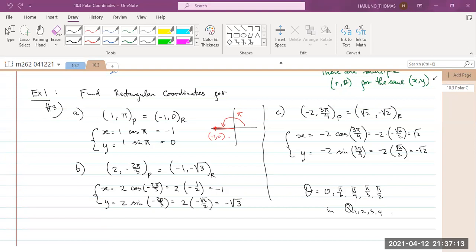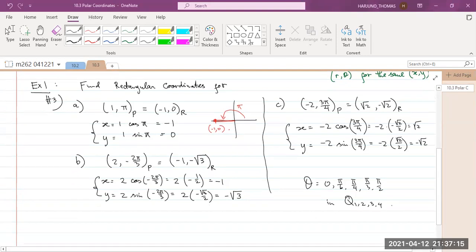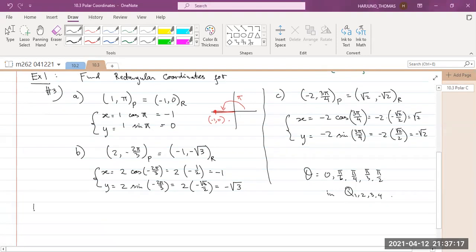Now let's take a look at number 5. This is where I said earlier we have ambiguity. Number 5, find the polar coordinates. Part A. So we have 2, comma, negative 2.